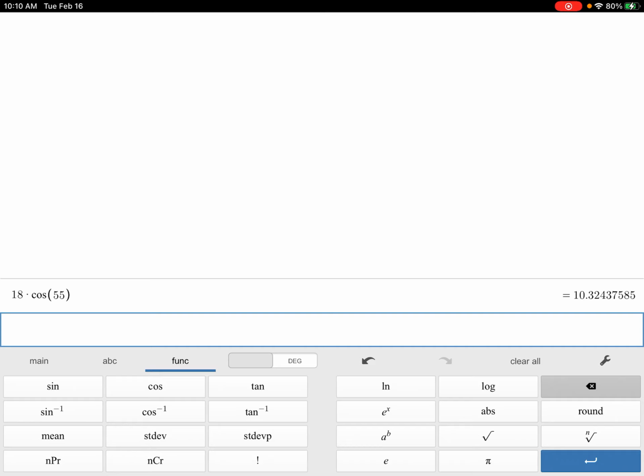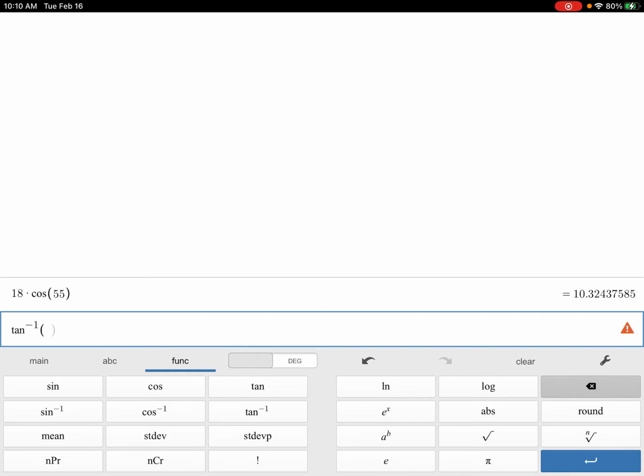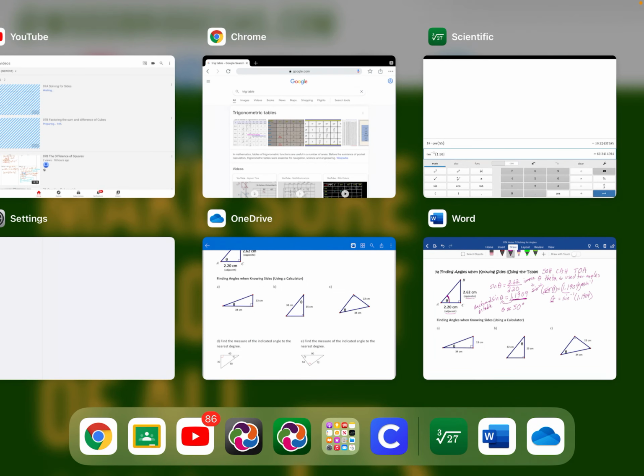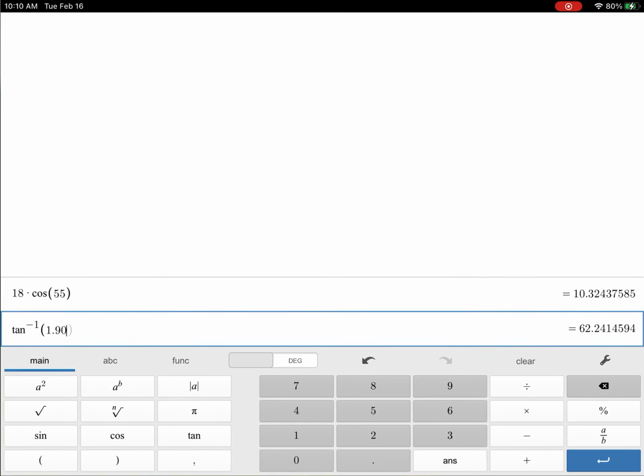You don't use the main sine, cosine, and tangent keys, you have to use the inverse ones, because those would take an angle, like 1.1 degrees, and tell you what the tangent is. Well, we're telling you what the ratio is, and you have to go back and find the angle. So it's going to be inverse tangent of 1.1909.